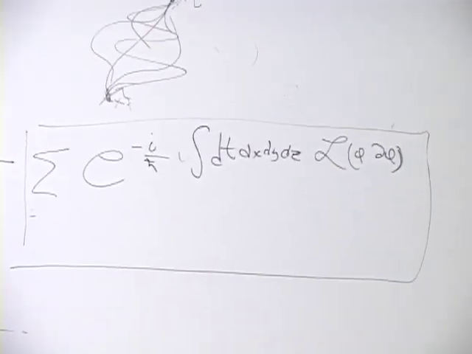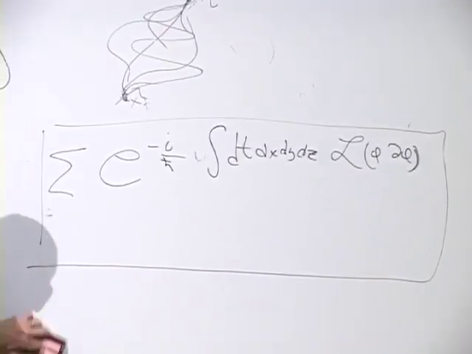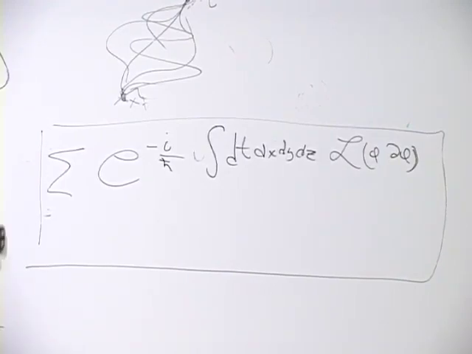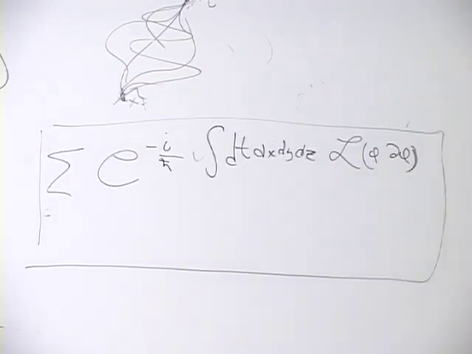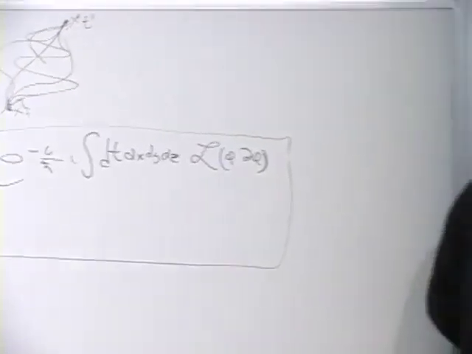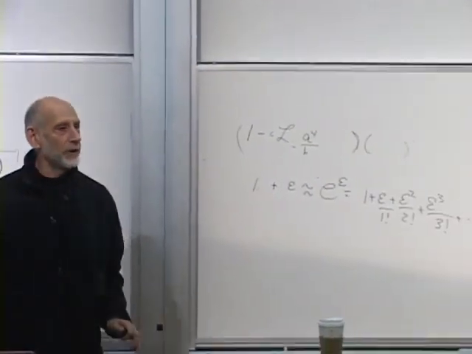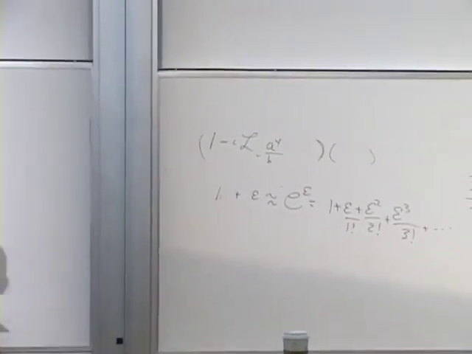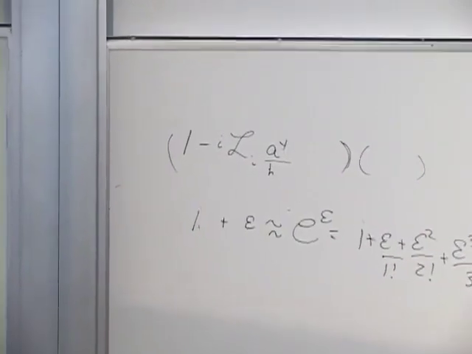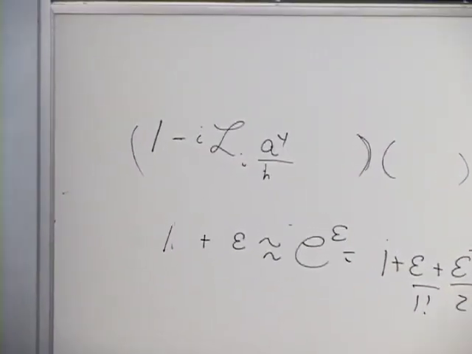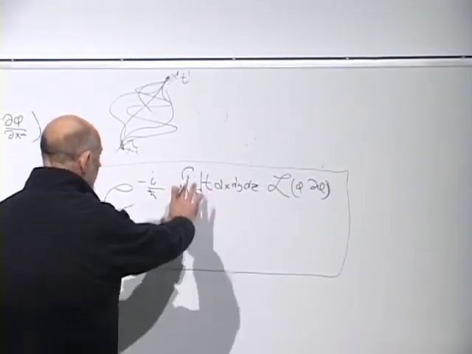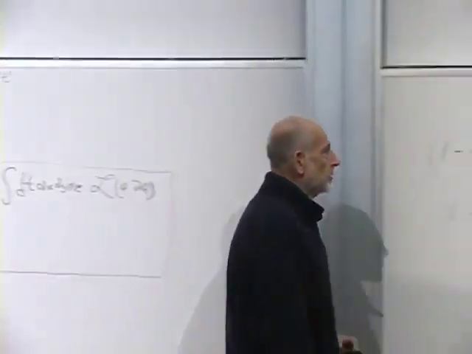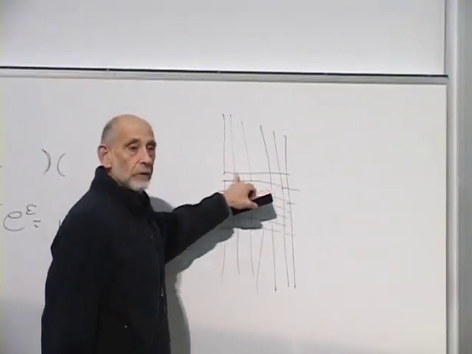Let's think about what this thing is. In fact, don't you have to put an h bar in here? Yeah. All right, I'll probably wind up setting h bar equal to 1 as usual. Okay, what is this object? This exponential here, what's in here, we're going to imagine replacing not by an integral but by a sum.